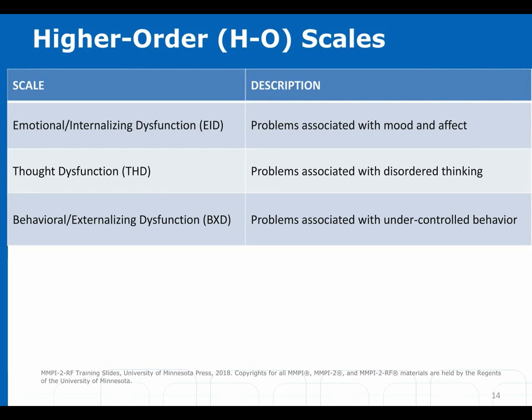Interestingly enough, the way these scales were developed is Yossef Ben-Porath and Auke Tellegen factor analyzed the RC scales, which are fairly comprehensive measures of psychopathology. And what they found from that factor analysis was a three-factor solution with these three constructs. So in addition, the development of these scales modeled common approaches to examining and defining the hierarchical structure of psychopathology.